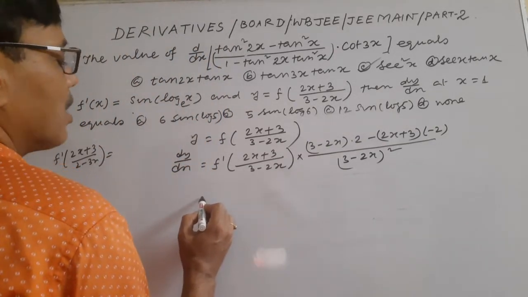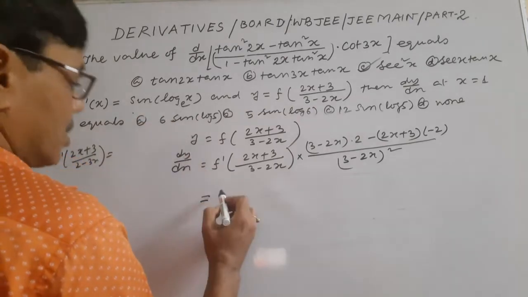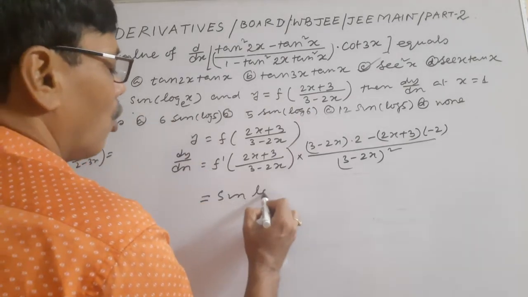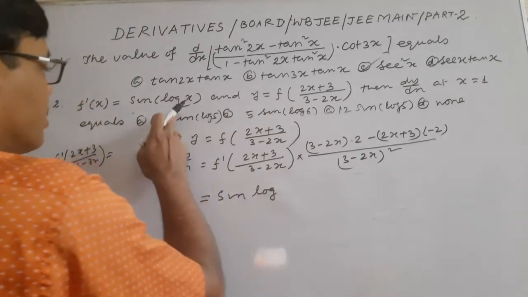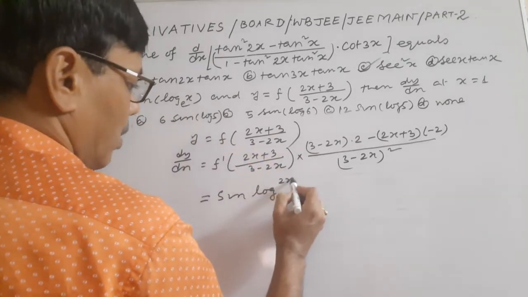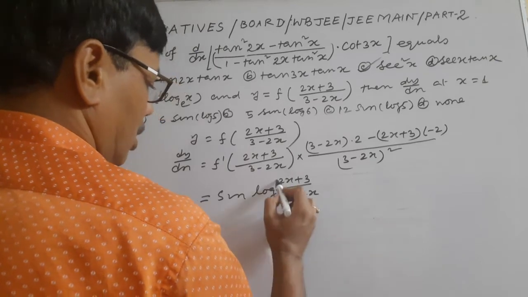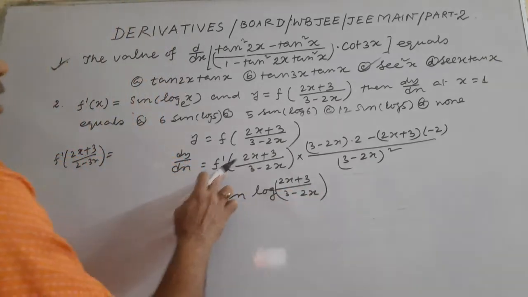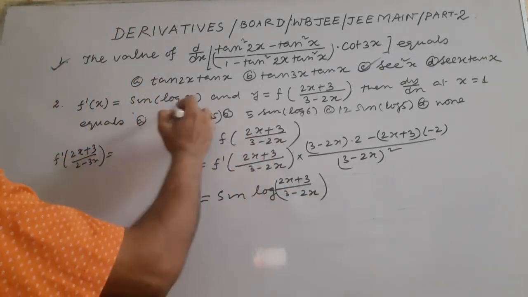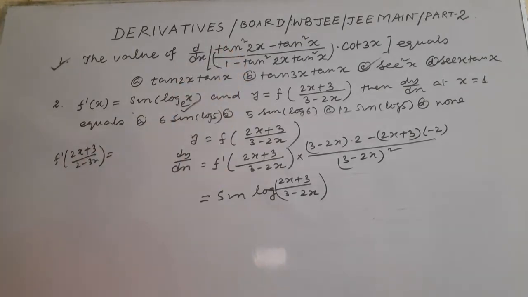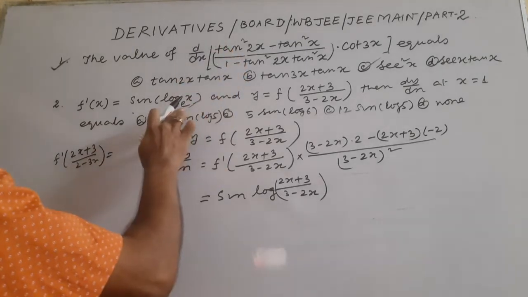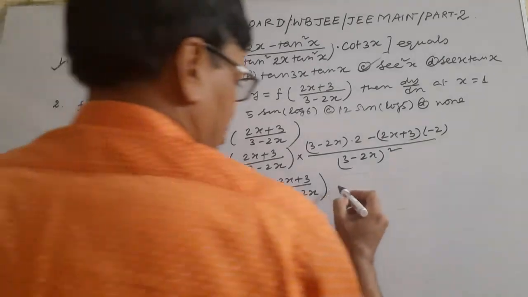So this is sine of log, unchanged, with x replaced by (2x plus 3) by (3 minus 2x). So this is the value of f dash. It comes from this: f dash x is given, x is replaced by this.